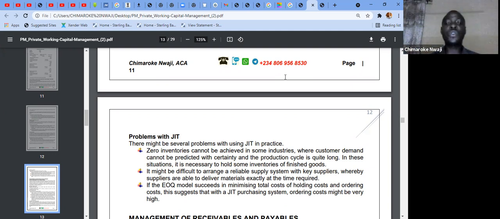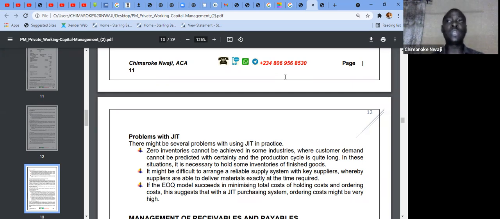Now, if the EOQ model succeeds in minimizing total costs of holding costs and ordering costs, this suggests that with JIT purchasing, ordering costs might be very high. So if EOQ is minimizing your ordering costs and your holding costs, for you to get JIT to work, your ordering cost might be very high because your holding cost is zero, because you don't hold anything.